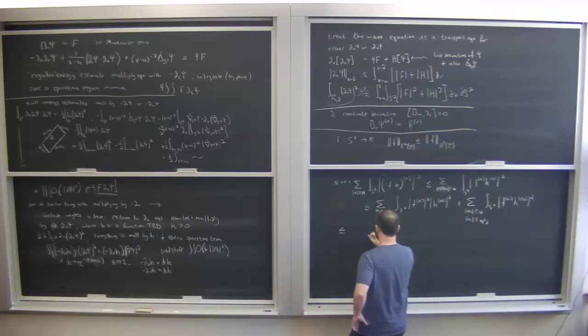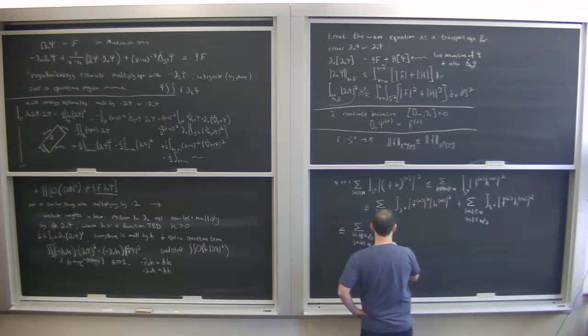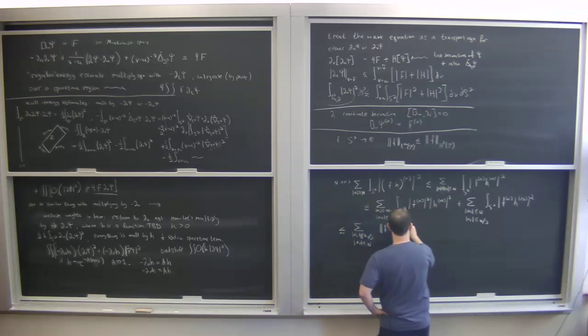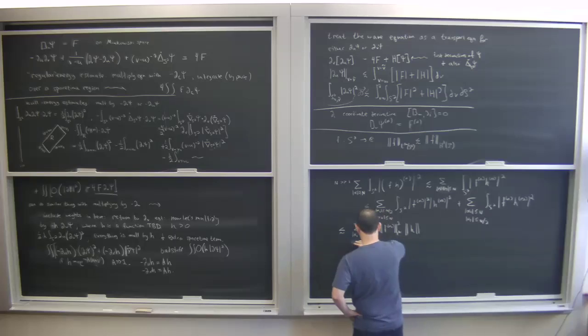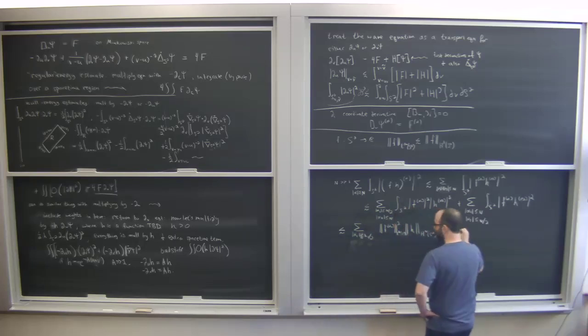So now we can write this as the sum over alpha 1 less than or equal to n over 2, alpha 2 less than or equal to n, of the L infinity norm of f alpha 1, squared, times, well, then it's really just h n, and then plus the other term.